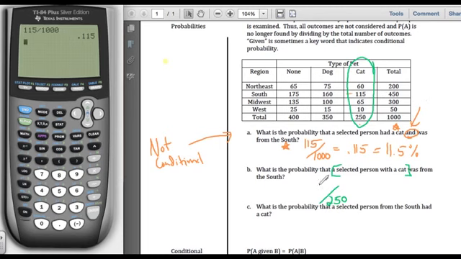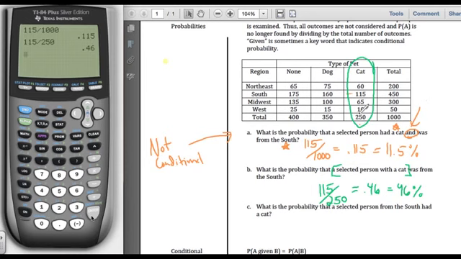Well, that would be 115. Just to get my probability, take 115, divide it by 250, and I'll get 0.46 or 46%. So 46% of people with cats were from the South.